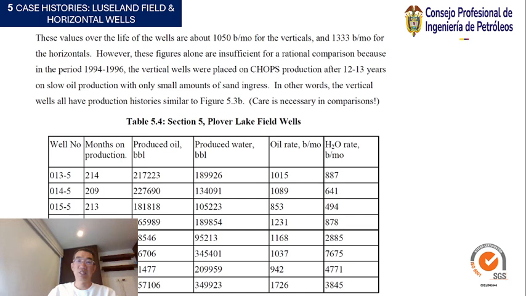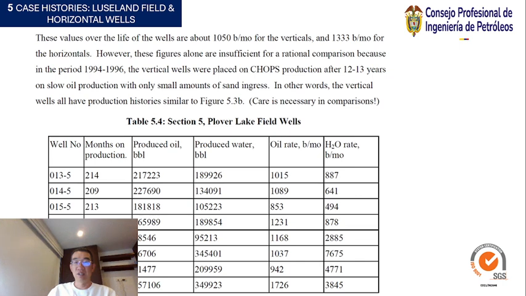This table shows us the Section 5 Plover Lake field, where we can see there are 4 vertical wells and 4 horizontal wells, and we can see the vertical wells produce for more than 15 years, and the horizontal wells just 3 to 4 years.